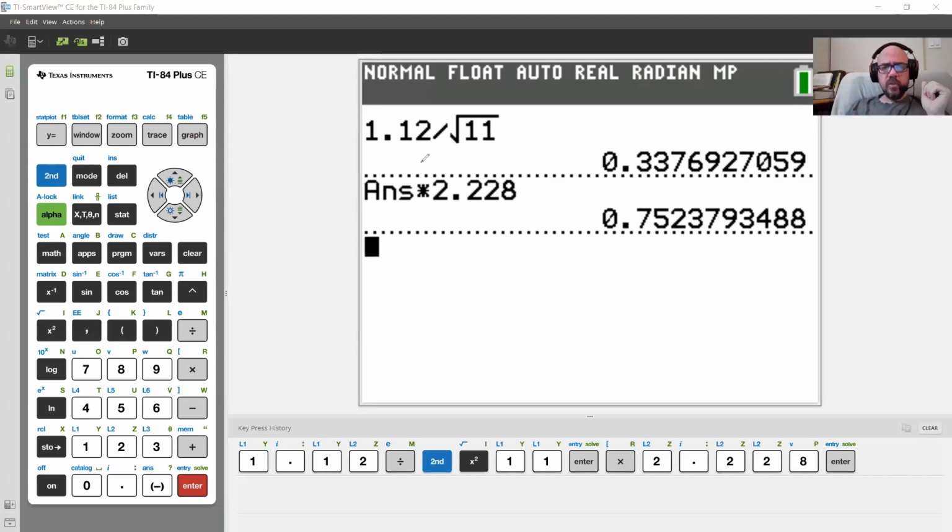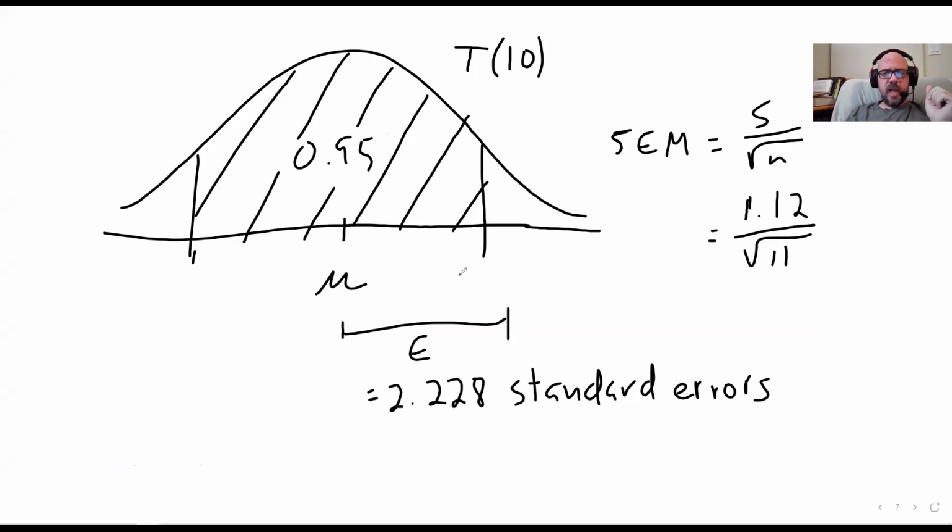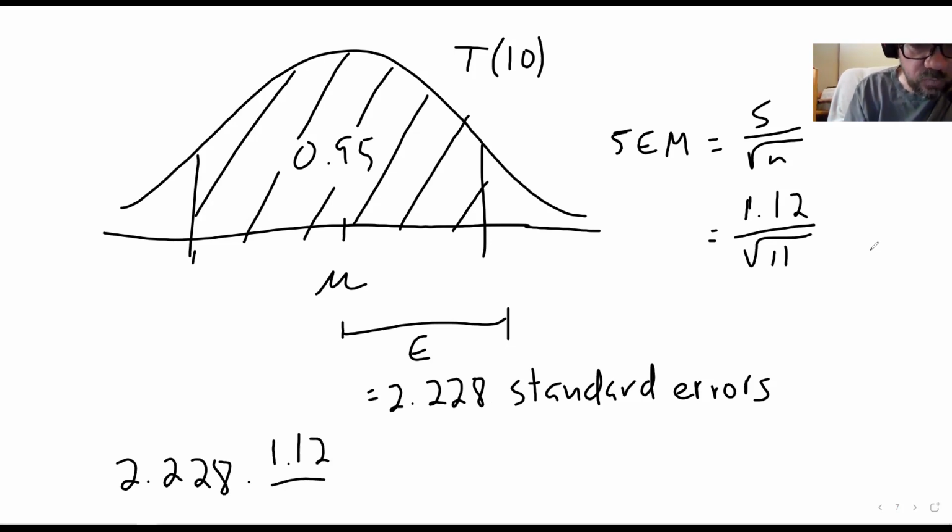So I go back here, and that's telling me that I need to go 0.752 on either side, because that's 2.228 standard errors. So I did 2.228 times 1.12 over the square root of 11. Right, that gives me the margin of error.